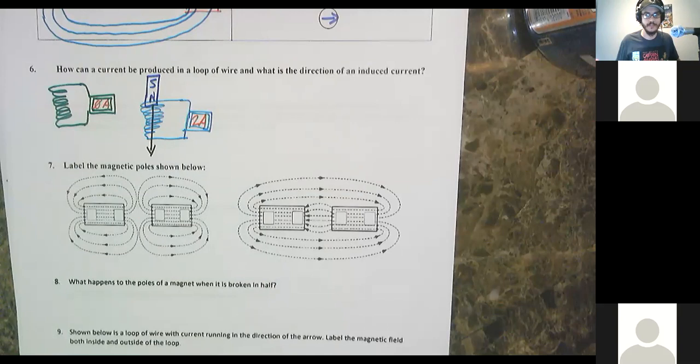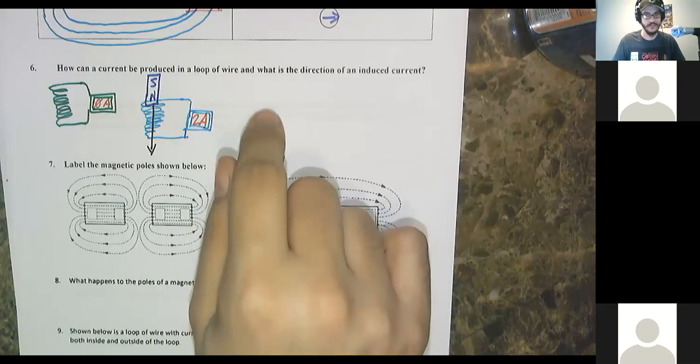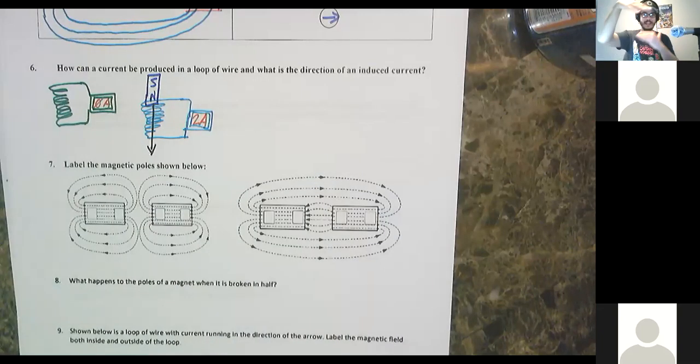As soon as it stops moving, it stops changing, and we're going to go back to 0 amps. So if you just put the magnet in there and left it sitting still, no current. But if you move it, you drop it, you wiggle it, you stab it through and pull it back out, as long as it's doing something to change, you'll get an induced current.